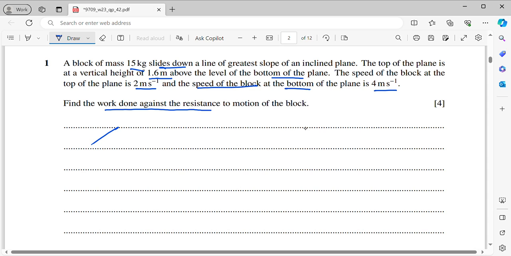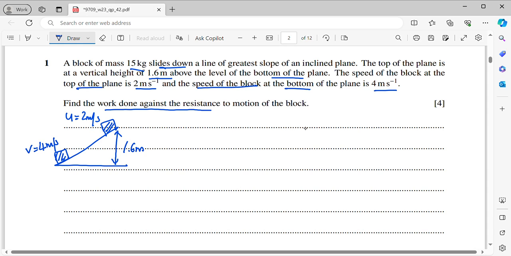Okay, so now let's say this is the diagram. So slides down, that means this is a block. Initially it is 1.6 meters above the bottom of the plane, and the speed of the block at the top of the plane is 2, so this is u equals 2 meters per second, and when it reaches the bottom, the v is 4 meters per second.